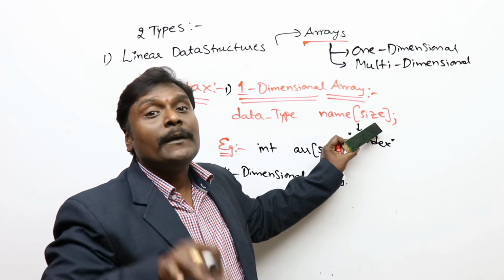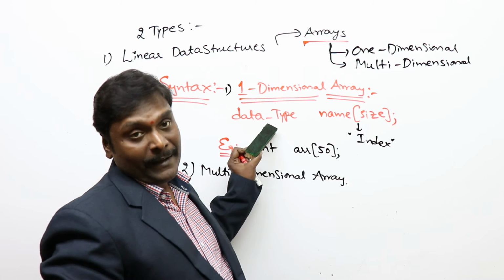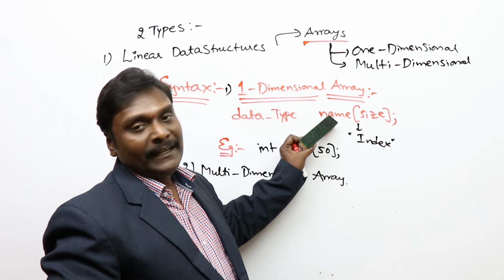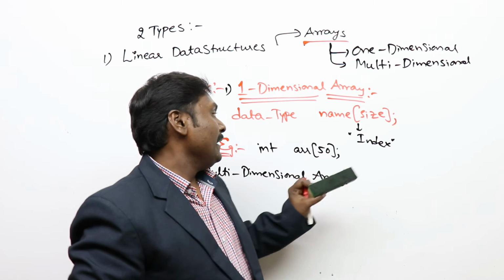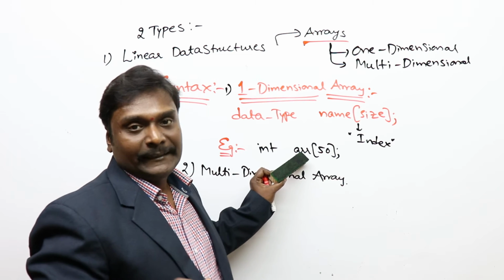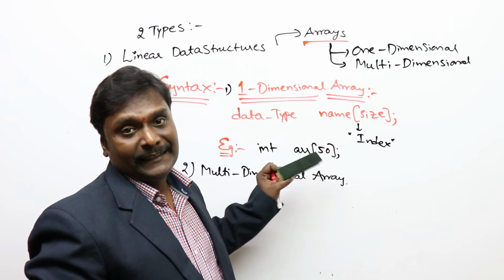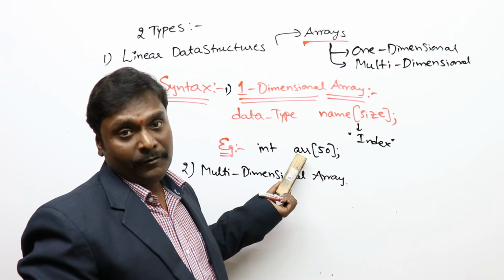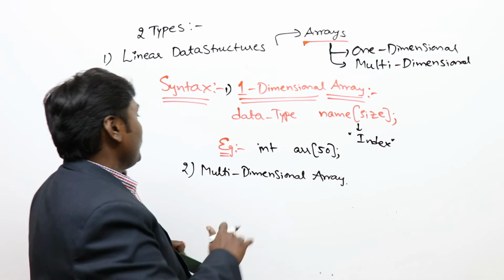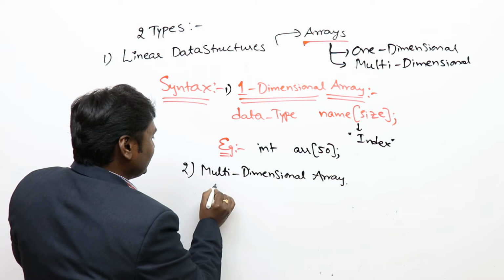And what type of elements? That is represented by the data type. What is the name of the array? This is the name. Sometimes you can give the name anything, like array1, A, B, C, some kind of name you can give for the array. So in this case, let me give the syntax.